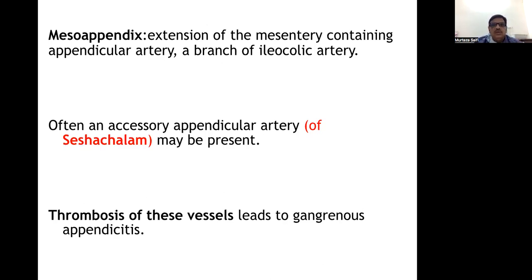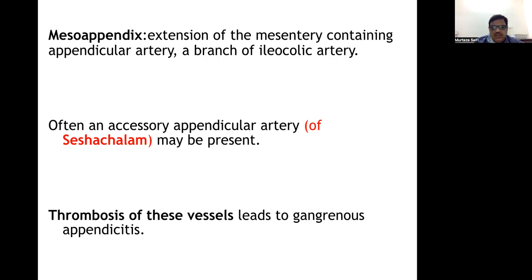Mesoappendix is the extension of mesentery, and contains the appendicular artery, a branch of the ileocecal artery. It is the end artery. Often an accessory appendicular artery may be present.